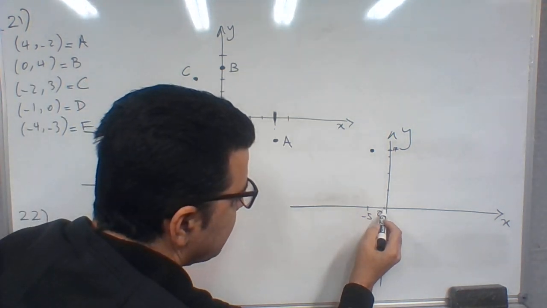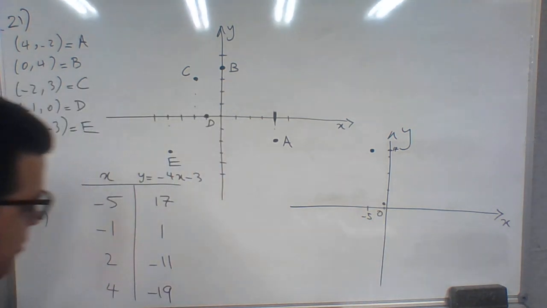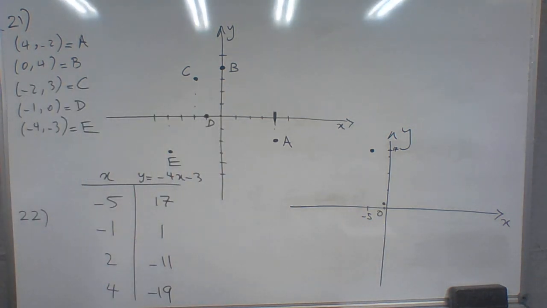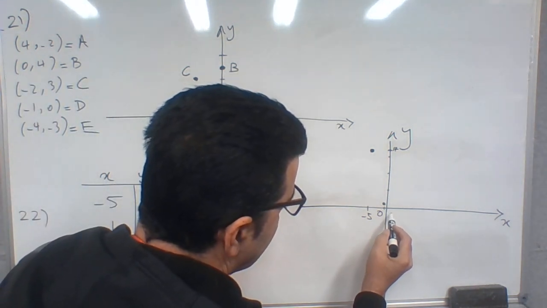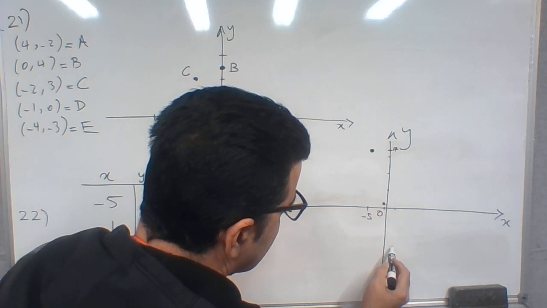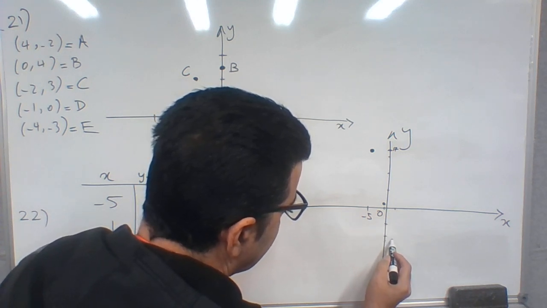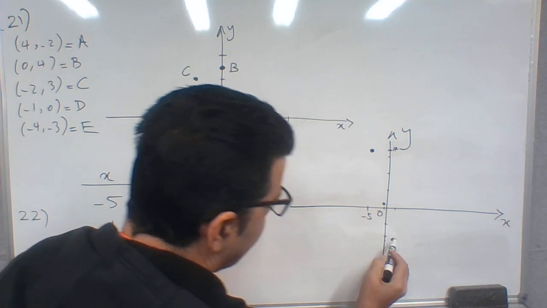So negative 1 is here and 1 is here. So this is the second point. And then the third point is 2 and negative 11. So this is 2 and negative 11, can be 5, 10, 11. So this is the third point.